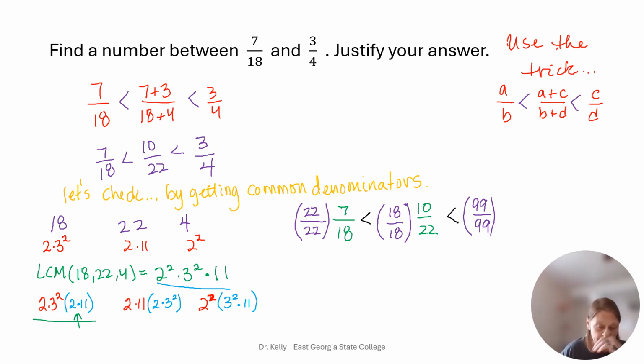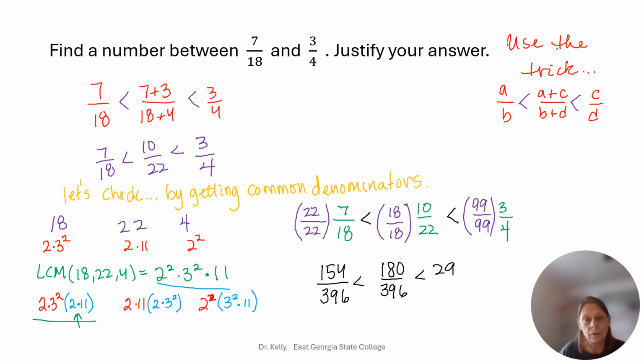So we're just multiplying the same number over the same number by our fancy one. That's over 3/4. And then when we do that final math, and I think I already did it, we wind up with 154 over 396 is less than 180 over 396 is less than 297 over 396. So it worked.